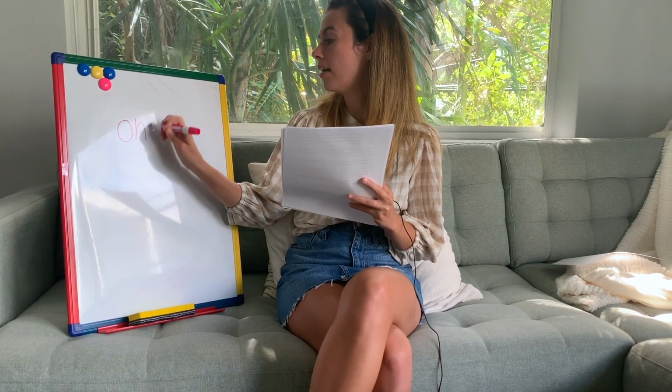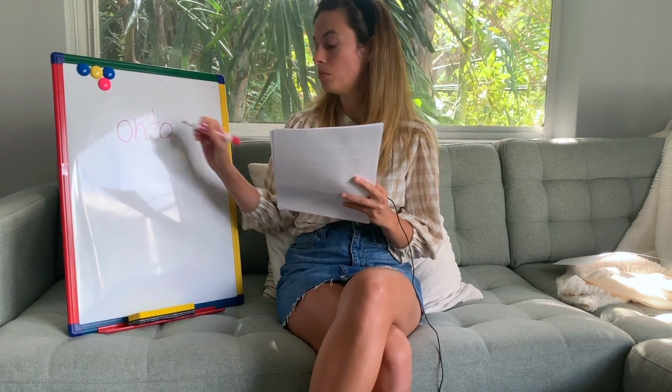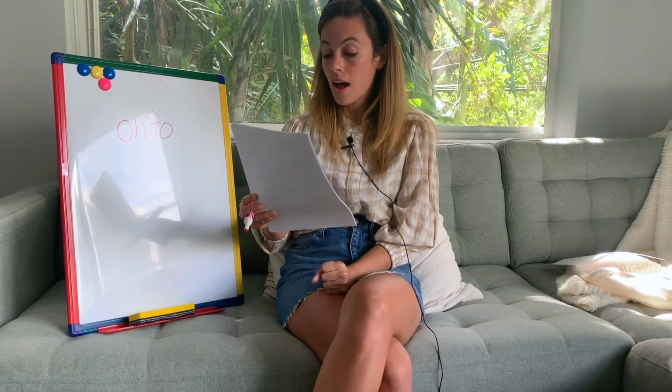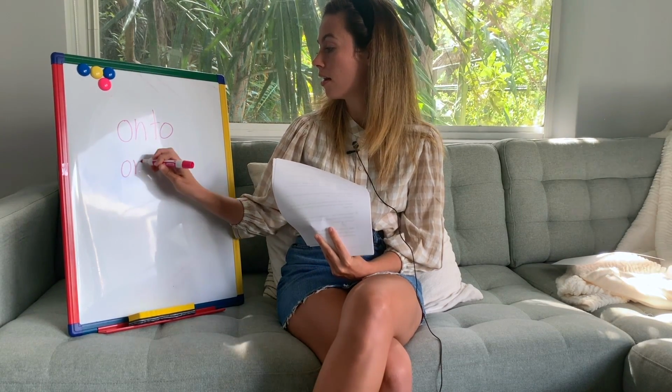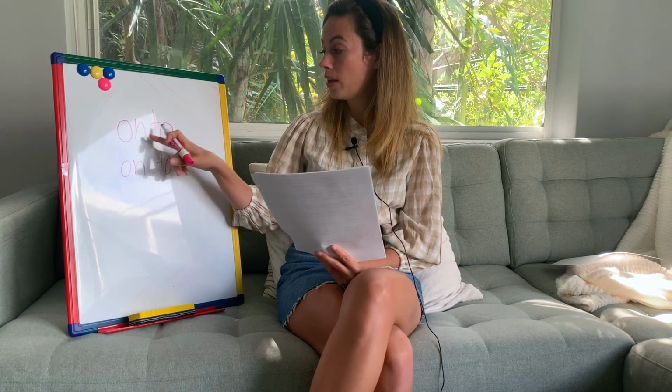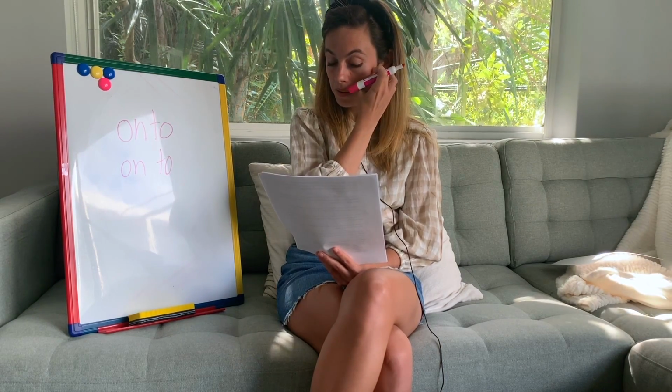Next we have on to and onto. Okay, so on to and onto sometimes get confused with each other. Onto is a preposition that means on top of. So he laid the keys onto the table.